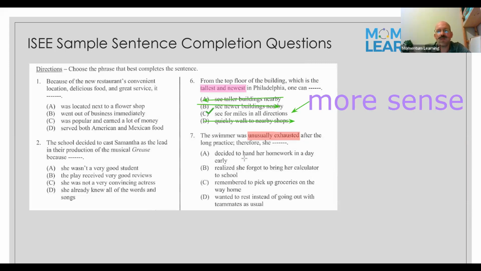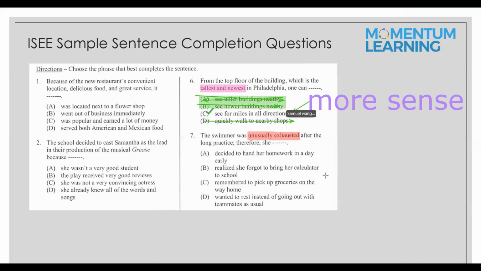If it's the tallest building, with that EST next to it, we definitely know that there's not going to be taller buildings around it. And if we see that it's the newest in Philadelphia, we can go ahead and cross out that there are newer buildings around it as well.